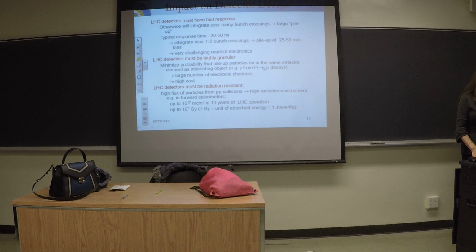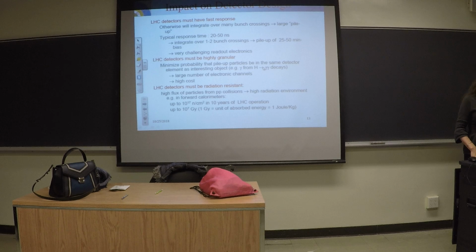So I integrate over 1 to 2 bunch crossings. Pile up will mean 25 to 50 minimum bias events. So it's very challenging without electronics that can deal with this.